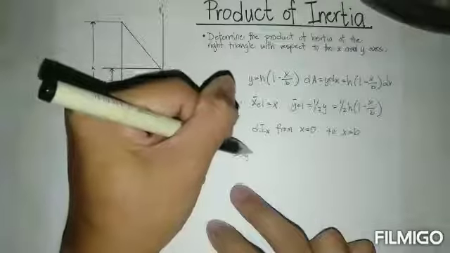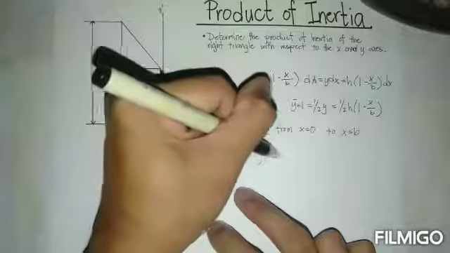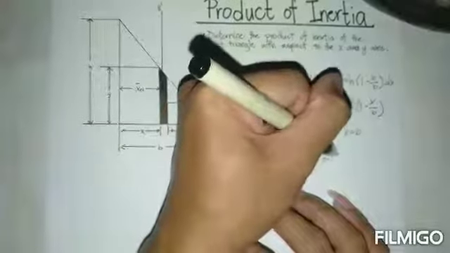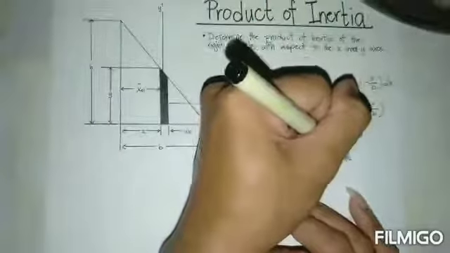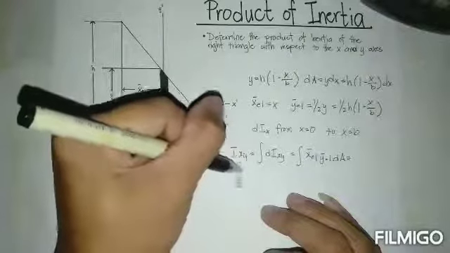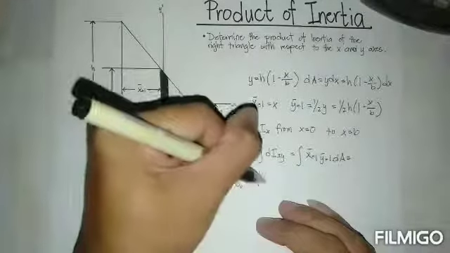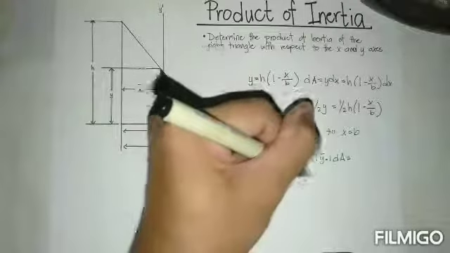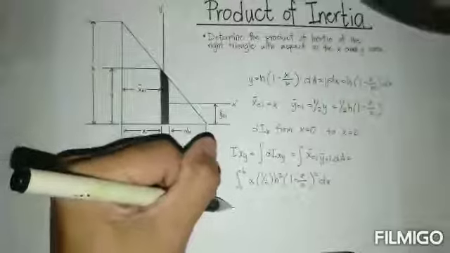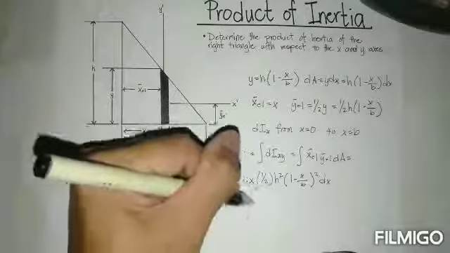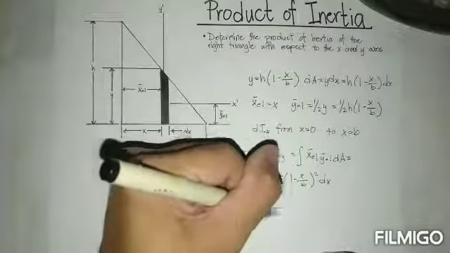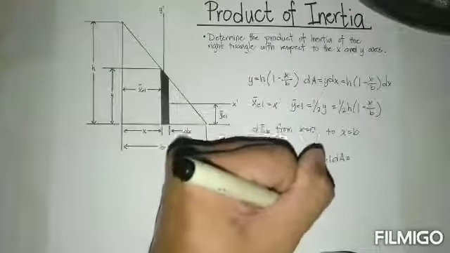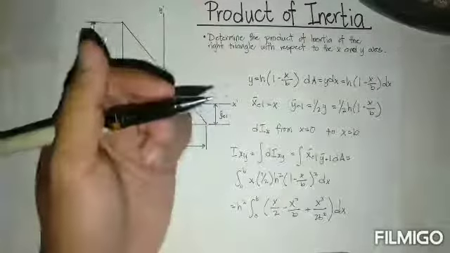Integrating with limits from 0 to b dx, it equals plus x cubed dx.